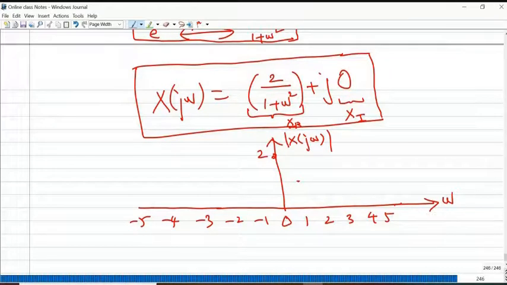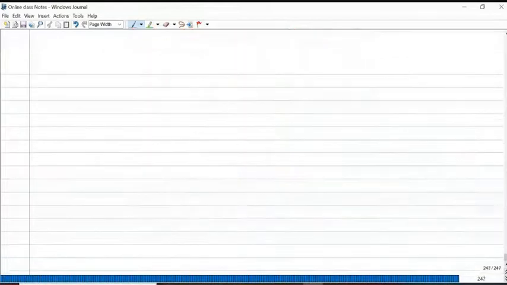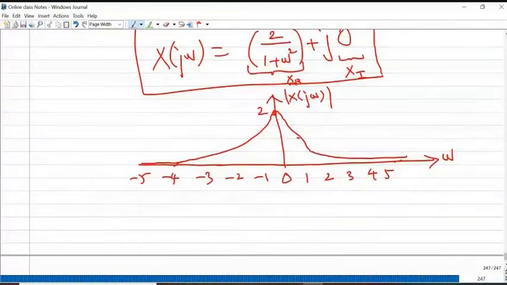Substitute omega 2: 2 square is 4, 4 plus 1 is 5, so root of 2 by 5. So you will get the signal. Omega versus modulus x of j omega. The spectrum will look like this.